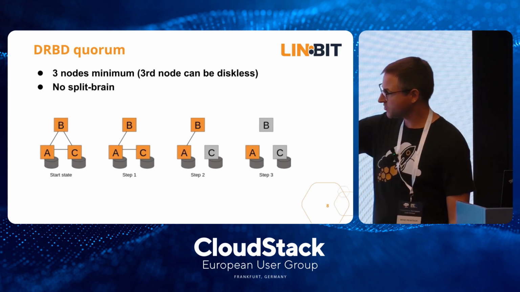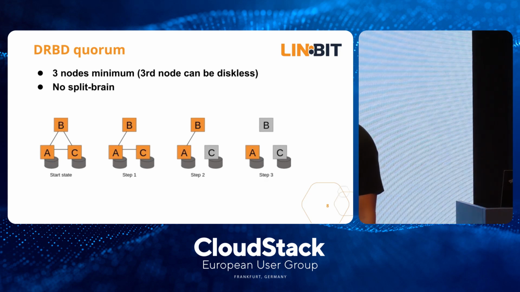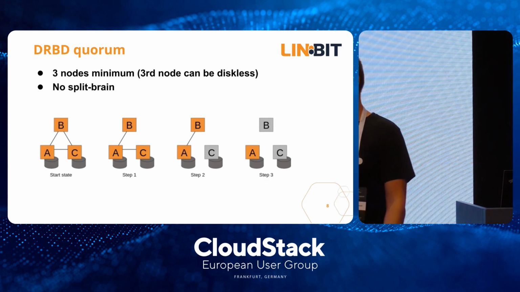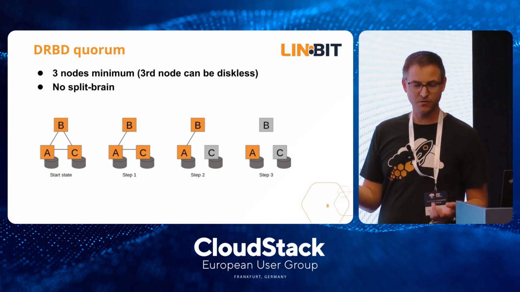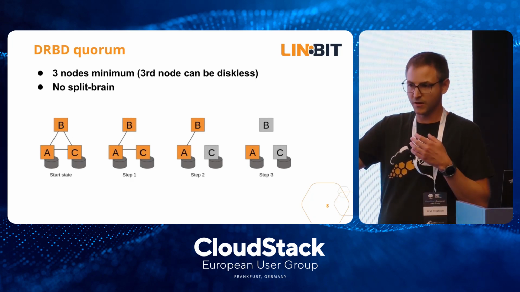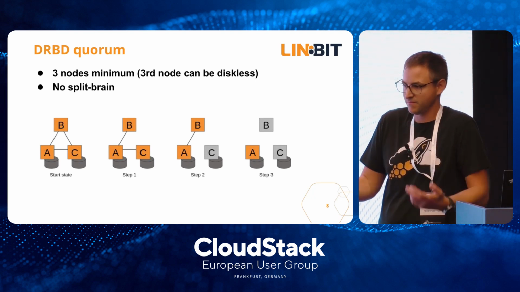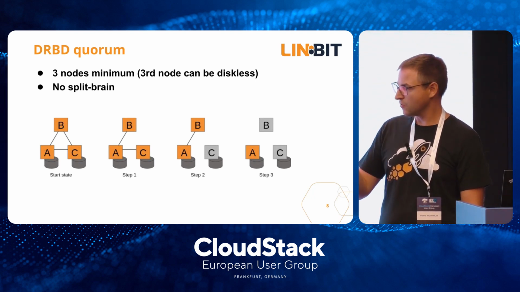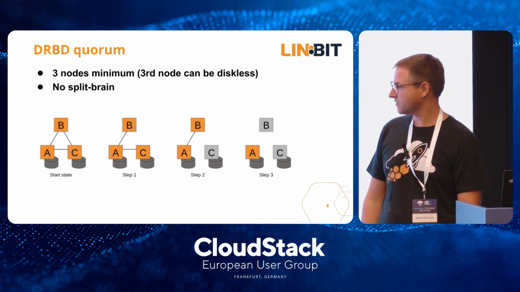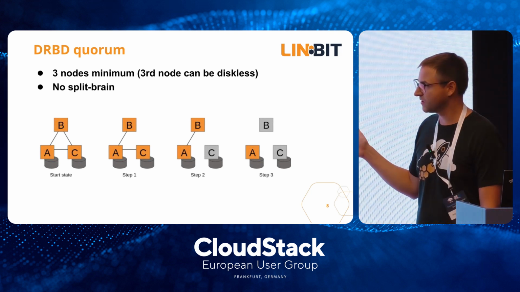And if the connection is regained to B or C, then the VM would just continue working because it just had a long delay to write. The layer below didn't answer for that long, but then the VM is still running.